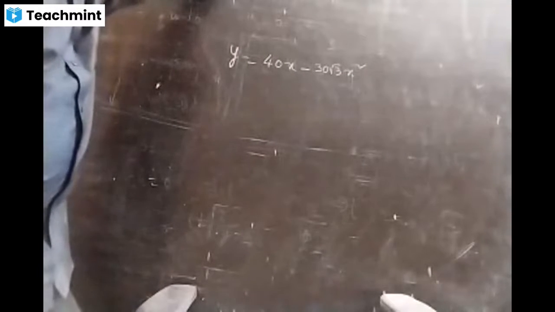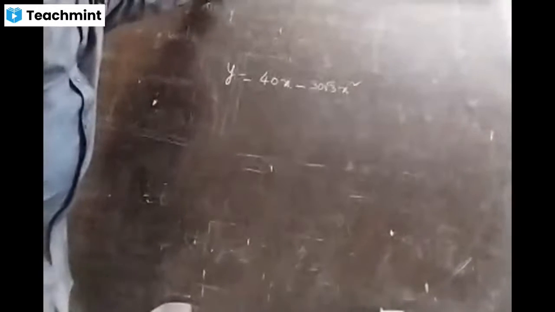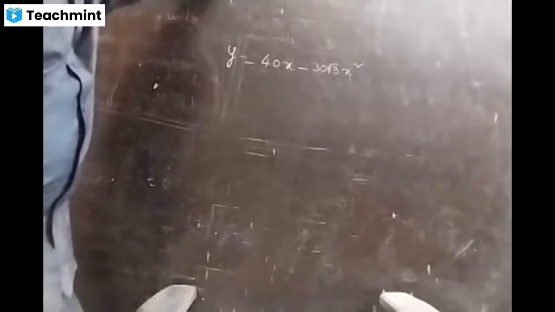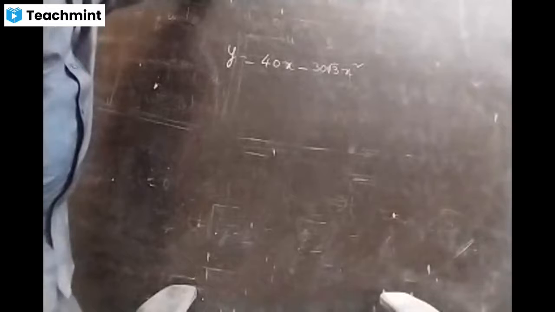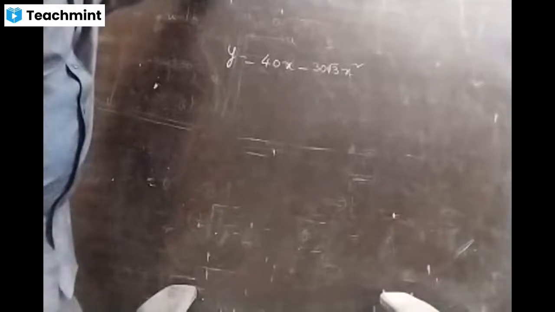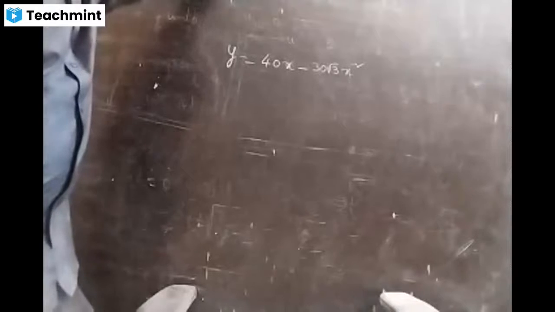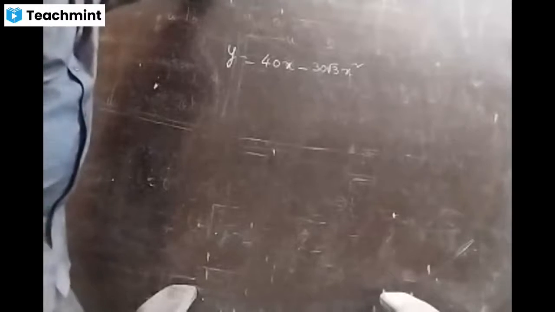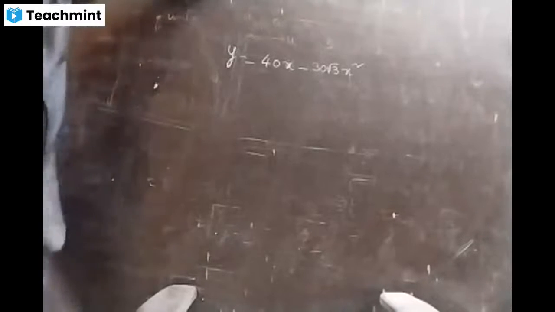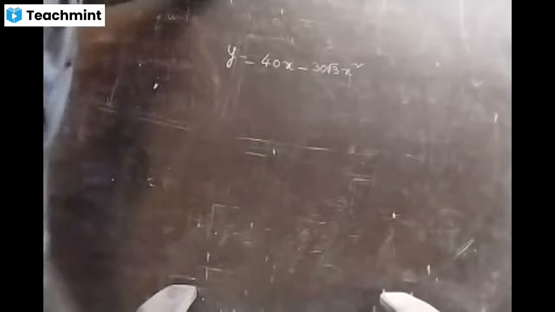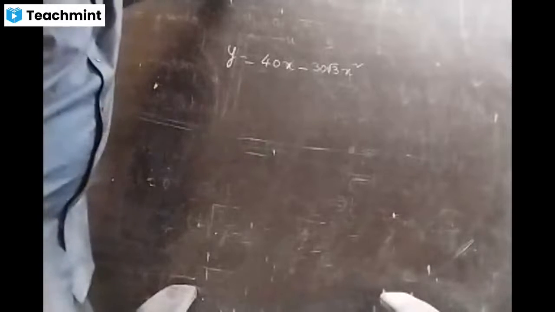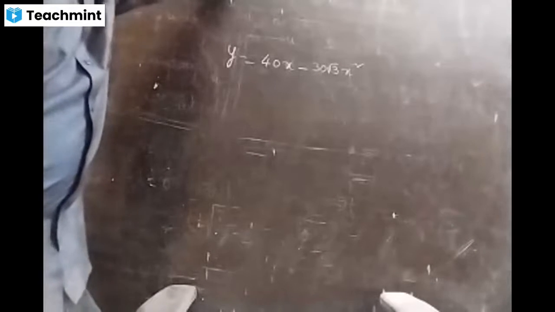It is in the form y is equal to ax minus bx square. So what does the equation represent? Parabola, sir. Equation of a parabola. Then it should represent a parabolic equation, right?